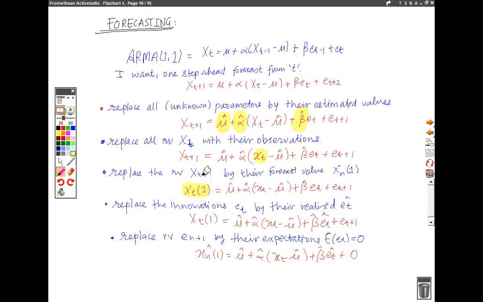So if you had, let's say, xt plus 2, it would be xt in bracket 2. And then you replace the innovations which you know about, which you have estimated already, with their realized values. And at the end, you write the expected values in place of the actual values for the things you have to forecast. So I hope that's clear.